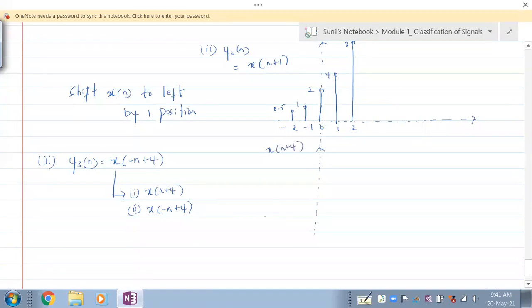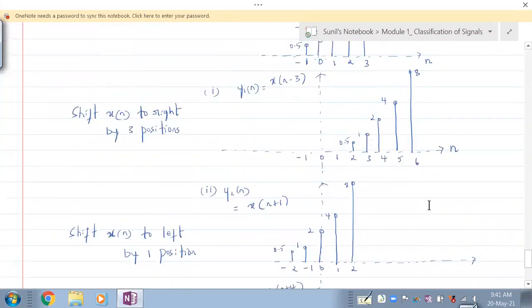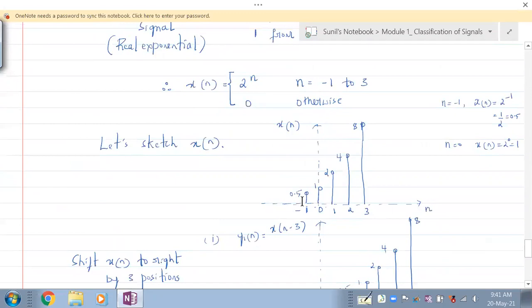Now x of n starts from -1, so you need to left shift by 4 positions. That means 1, 2, 3, 4. So you have -2, -3, -4, -5. So it should be starting at -5.